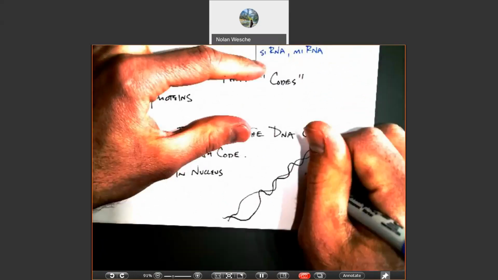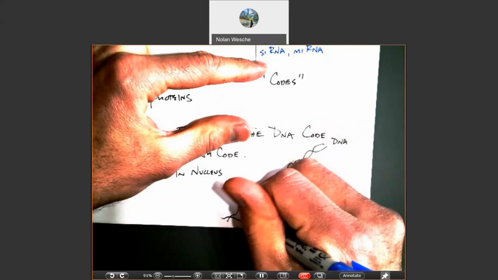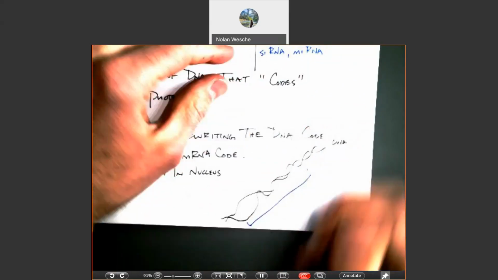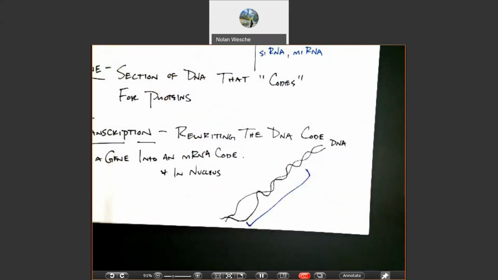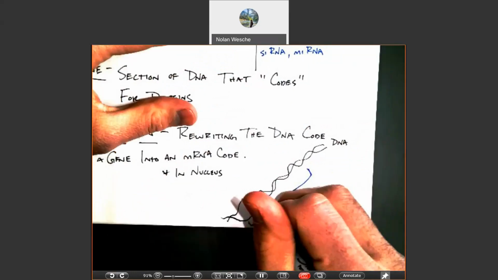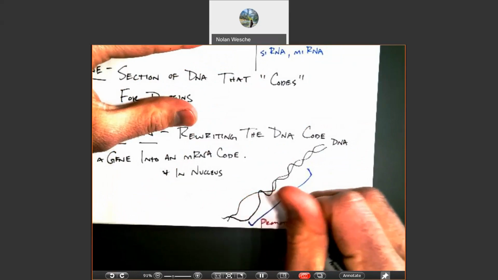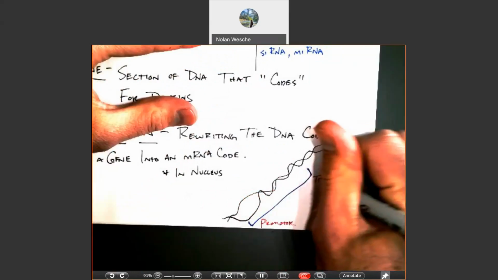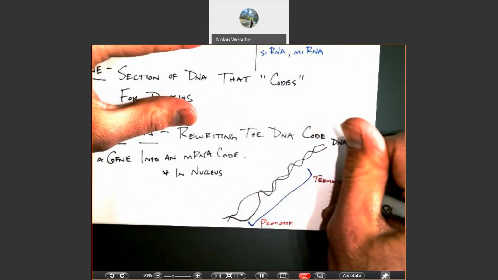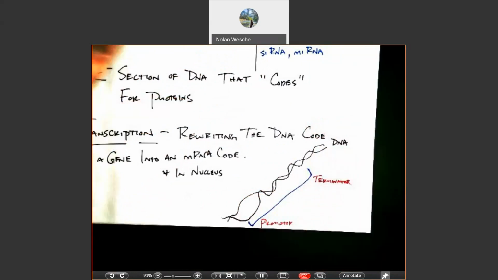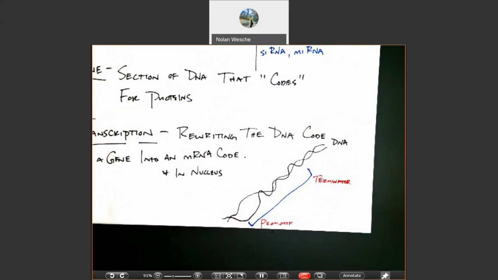So let's say my gene begins here and ends there. The beginning portion of a gene is called the promoter, and the ending portion of the gene is called the terminator. We have the promoter and the terminator. And this, of course, is the gene.